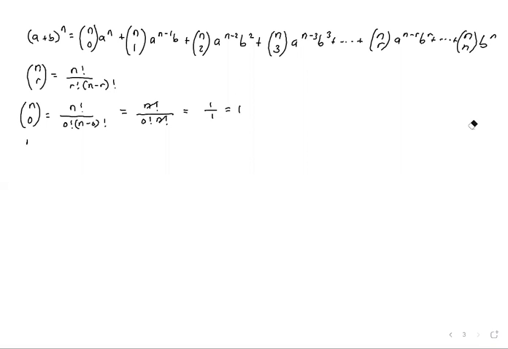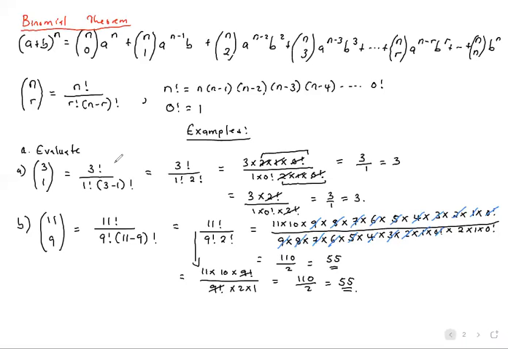Okay. So we are saying when it is n choose 1, this is the same as n factorial over 1 factorial, the r, and then n minus 1 factorial. Now, how have we defined n factorial?